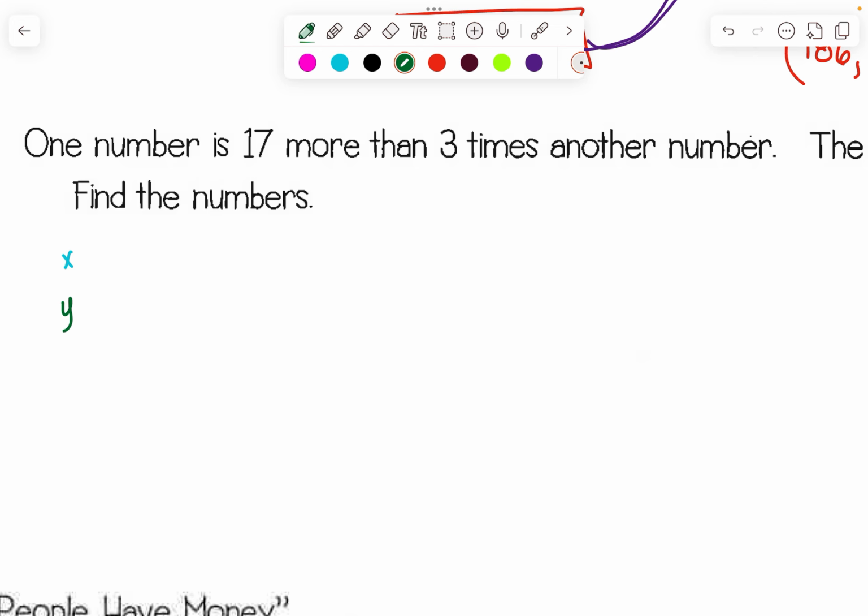So let y equal one number, which is 17 more than, so I'm adding 17 more than 3 times another number, that another number I shall call x. So that's going to be 3 times x plus 17.